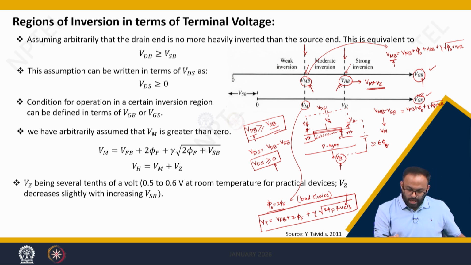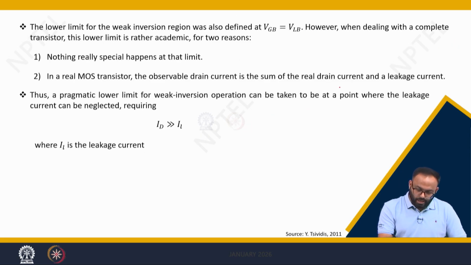Let's see how we can find the other limit of weak inversion, because if you remember, we have another limit, the lower limit VLB, which is the onset of weak inversion, below which there will be depletion.